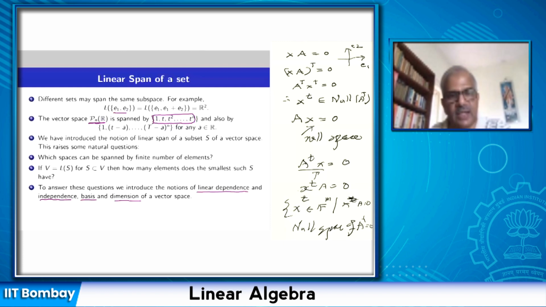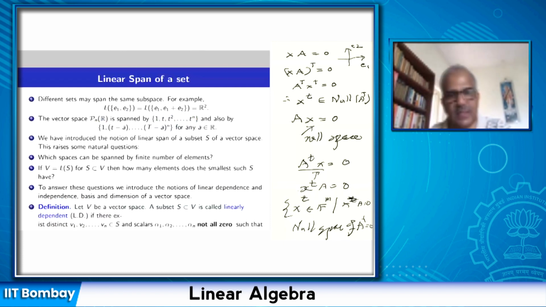Suppose V is a vector space. Then a subset of V is called linearly dependent if there exist distinct vectors, and the distinct is important, v1, v2, ..., vn, n distinct vectors, and scalars alpha 1, alpha 2, ..., alpha n that are not all zero.